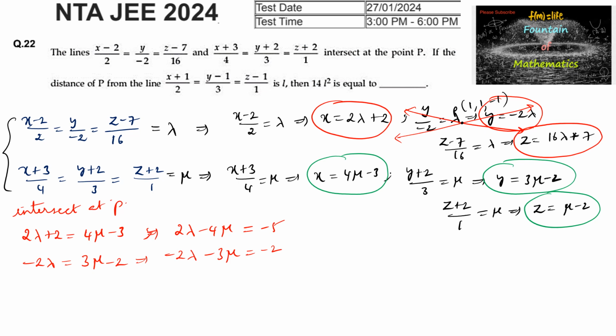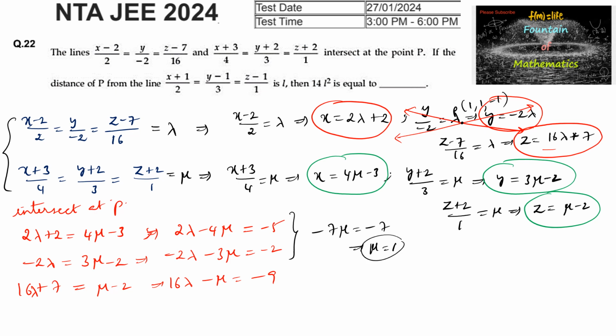And coming to the z coordinate, 16 lambda plus 7 is equal to mu minus 2, which implies 16 lambda minus mu is equal to minus 2 minus 7, that is minus 9. Now solving these both, adding this, we will be getting minus 4 minus 3, that is minus 7 mu is equal to minus 5 minus 2 is minus 7, which implies mu is equal to 1.